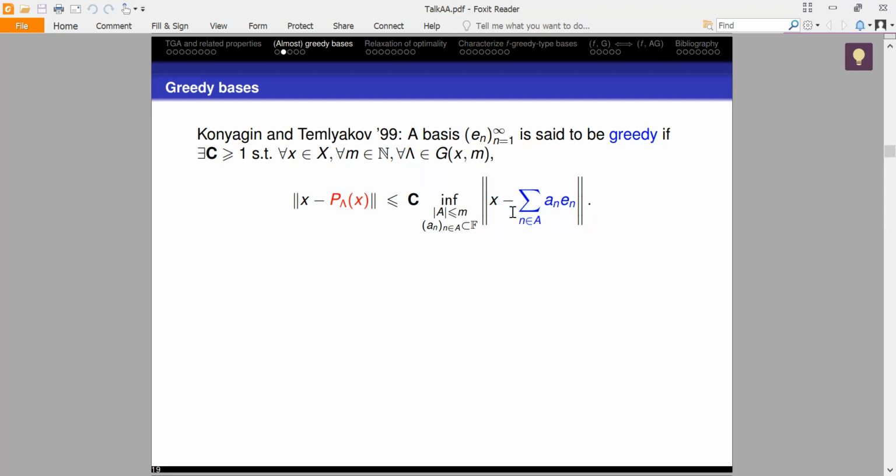So on this side, you see that this set A has size bounded by m, and this m is the same as the m for the size of lambda.